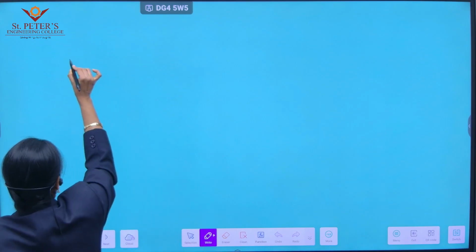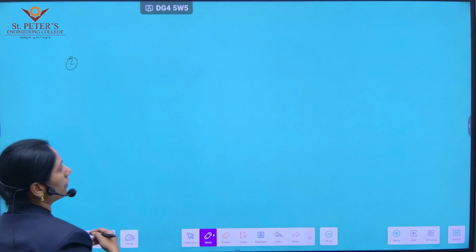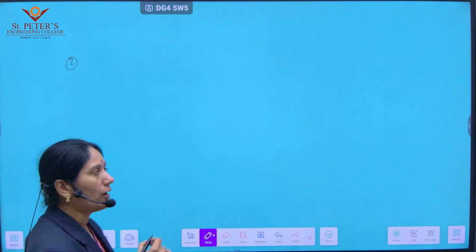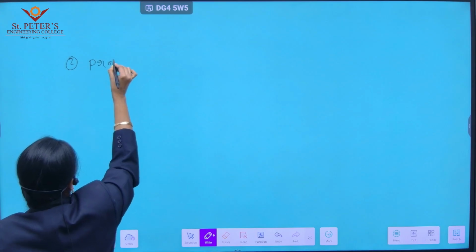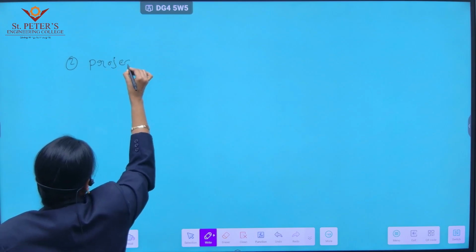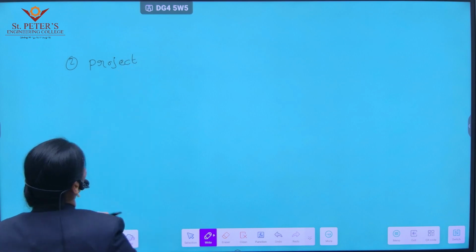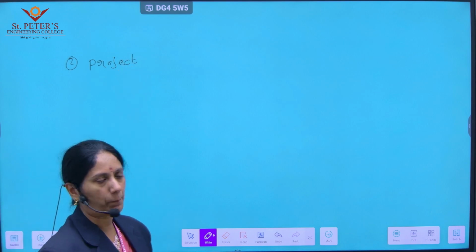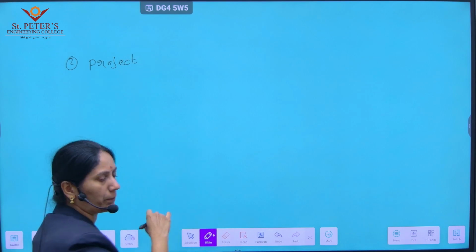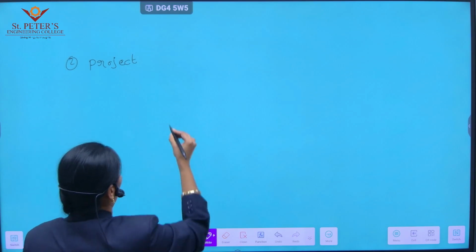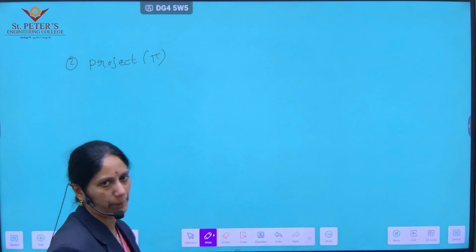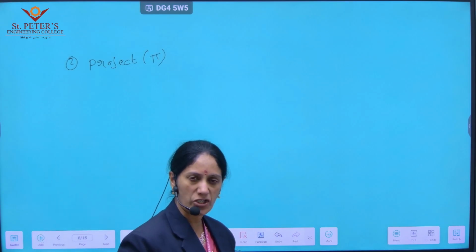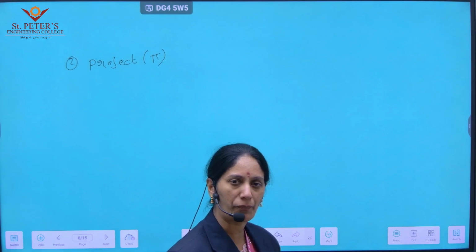Then go for the second operation, the project operation. The notation of the project operation is the symbol pi.